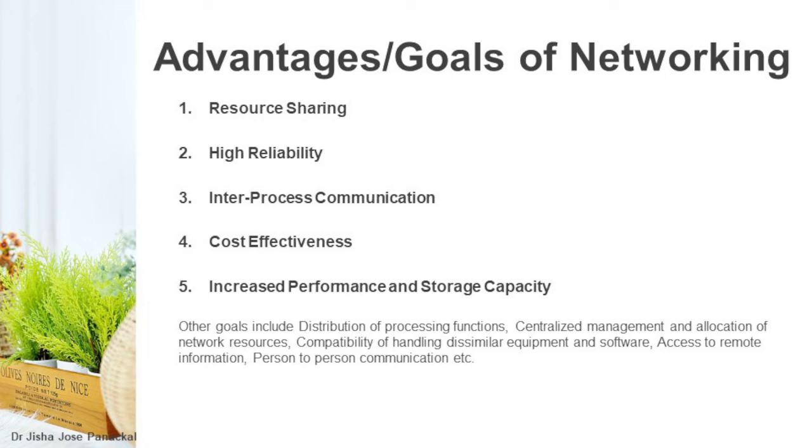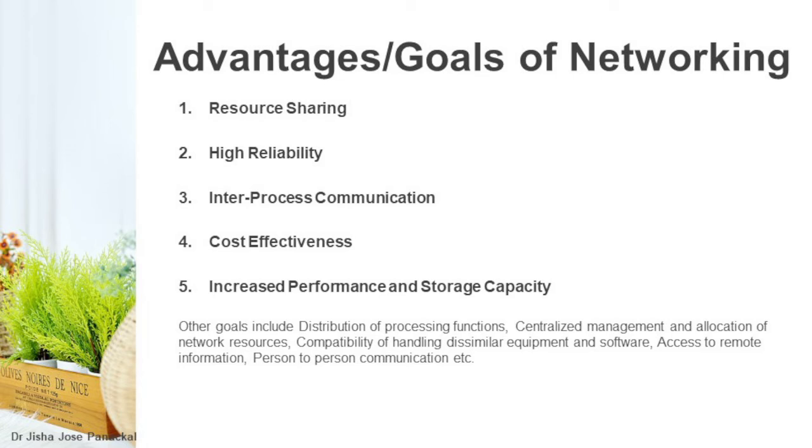Next one is cost effectiveness. Cost effectiveness means we can have a computer network that connects many computers, and usually these personal computers have a better price performance ratio than large computers like mainframes or supercomputers.